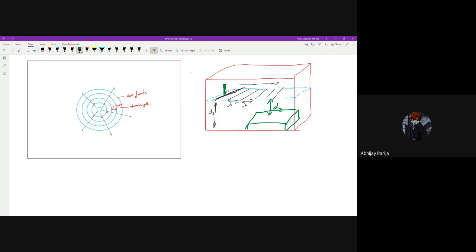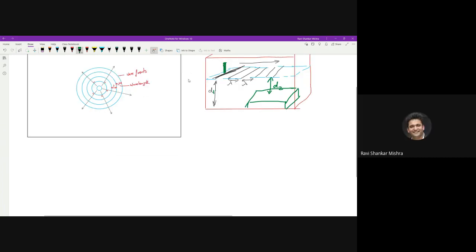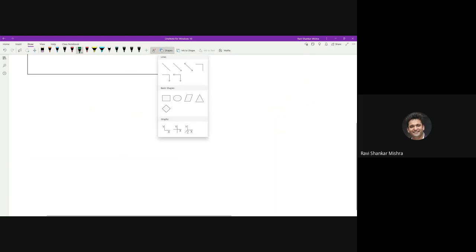Now the scenario for the diffraction is, let us suppose a few parallel wavefronts are there.